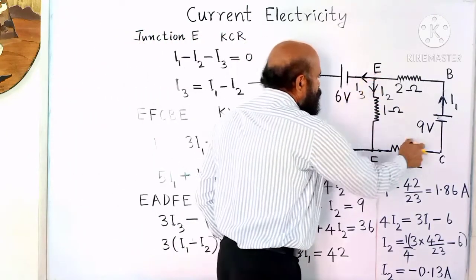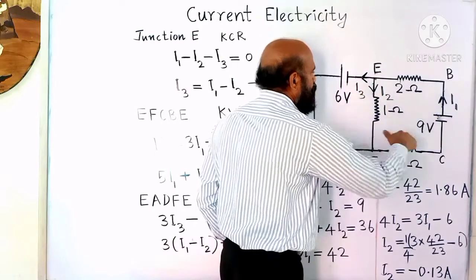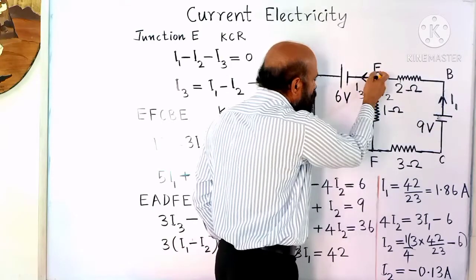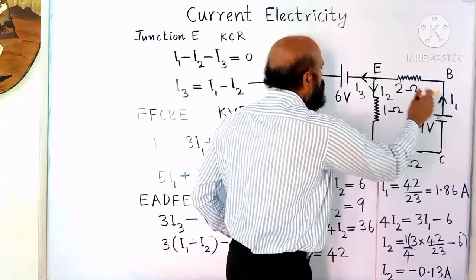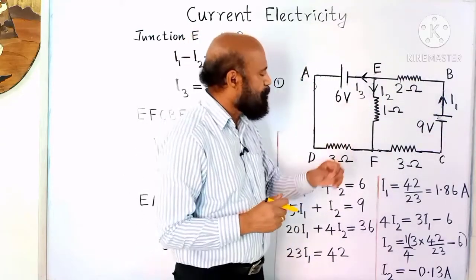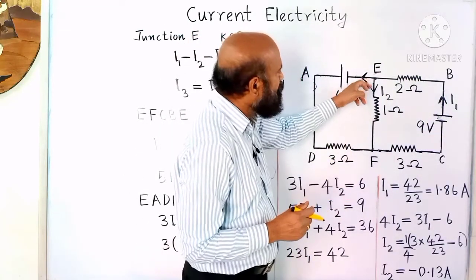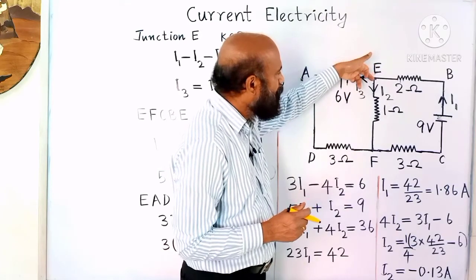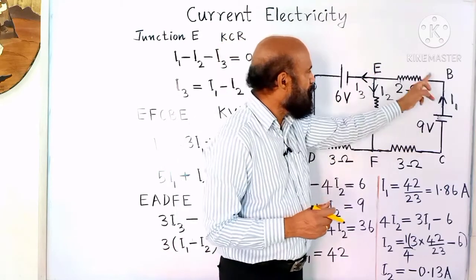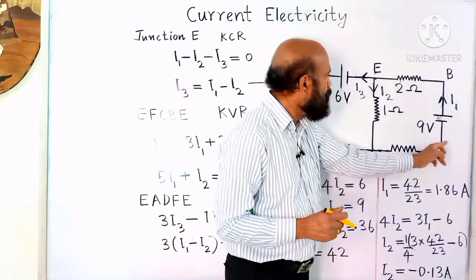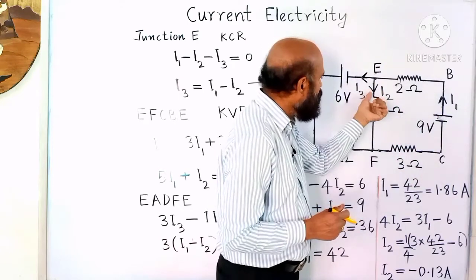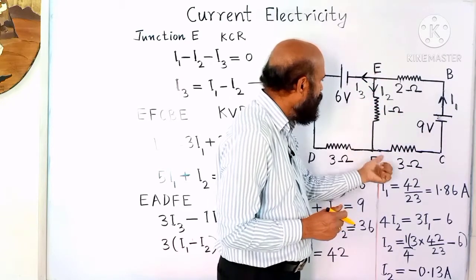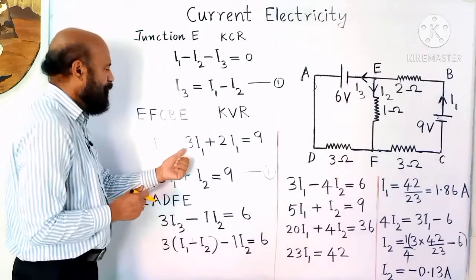This is the direction of the loop, and the direction of the current is also the same as the direction of the loop. To make the idea clear, assume that you are walking along this direction, EFCBE. The direction of the current is the same as the direction of your walking, so positive.